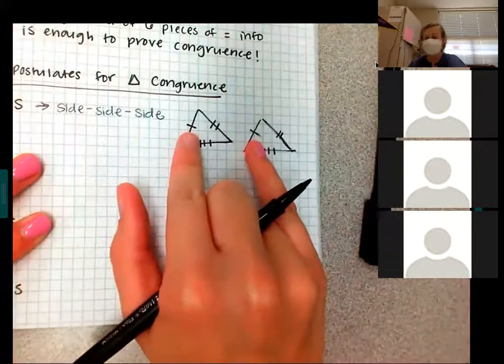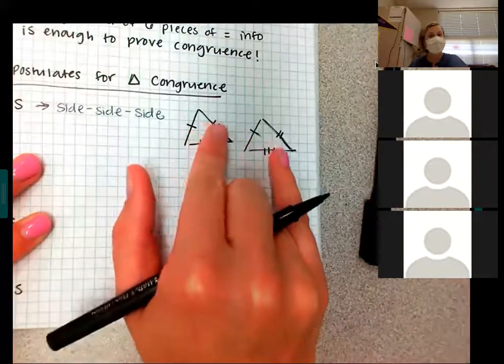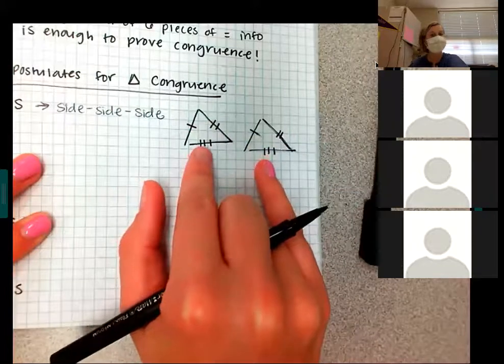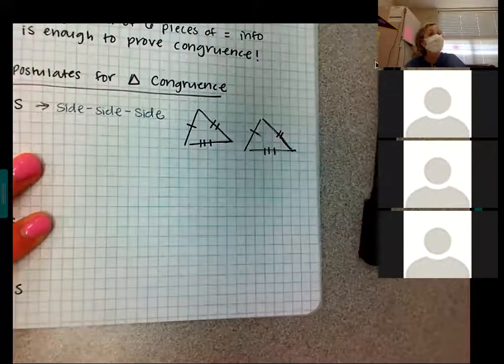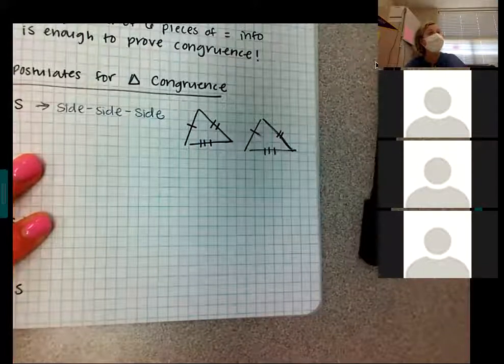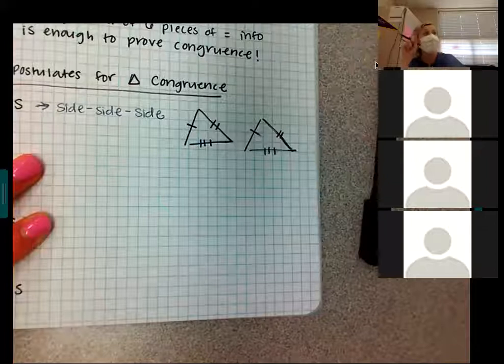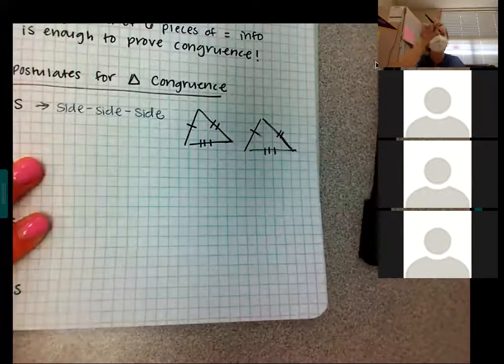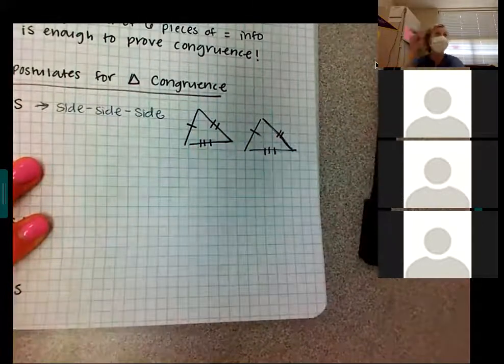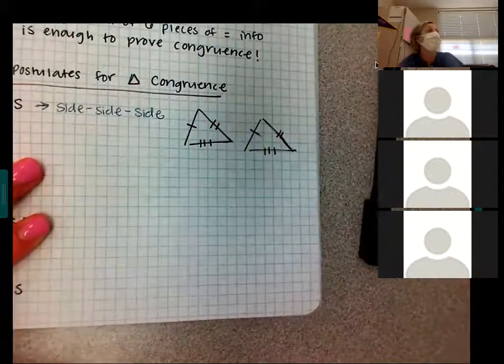Yes. These are congruent. These two are congruent. And these three are congruent, right? So if all three sides are congruent, the angles will automatically be congruent. So if you know that the three sides of each triangle are equal, like if one is equal to one, then the second one's equal to the one over there, and the third one's equal, then you can say the triangles are congruent.